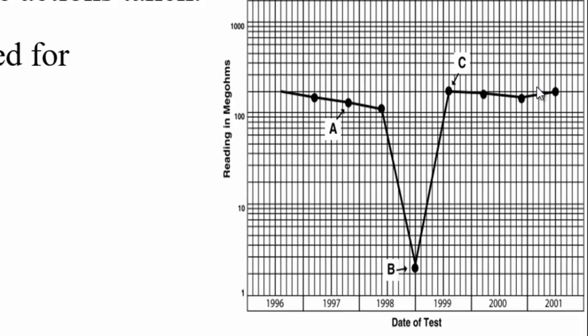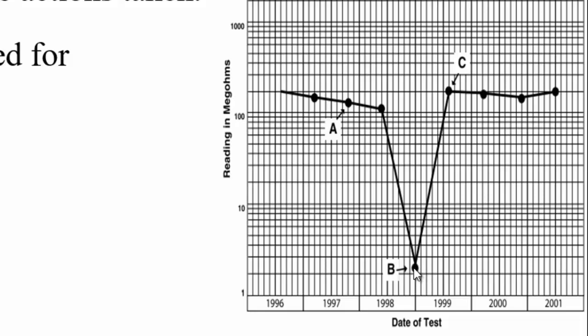You see that at this point, the insulation resistance just nosedived and fell to a very low and dangerous level. Are we seeing it? So which means that the insulation at this point has failed.